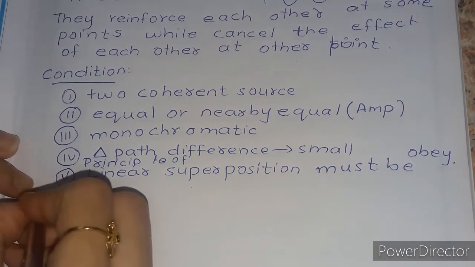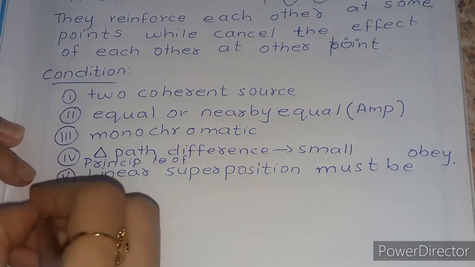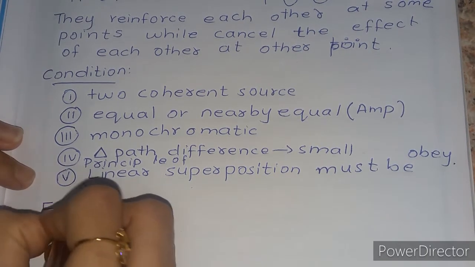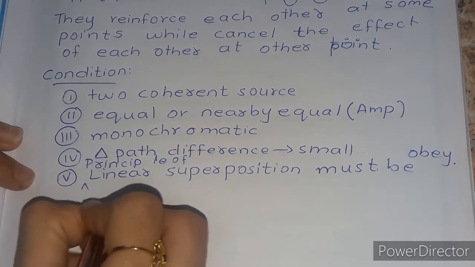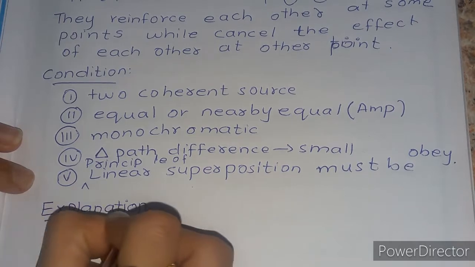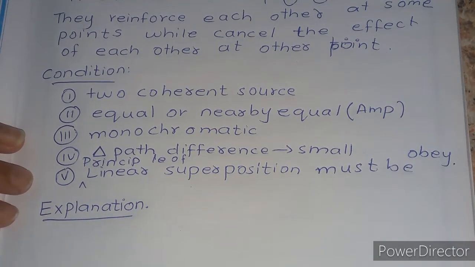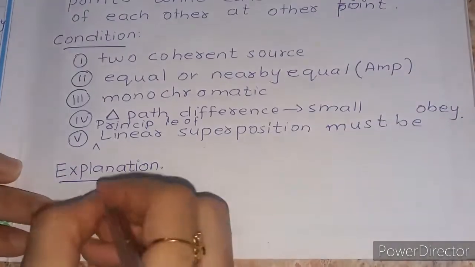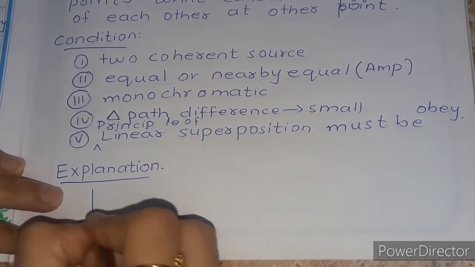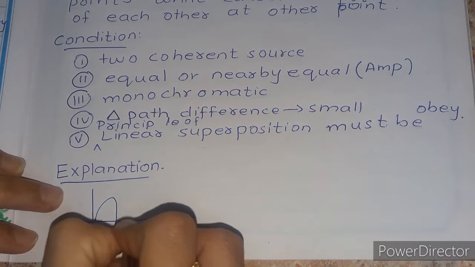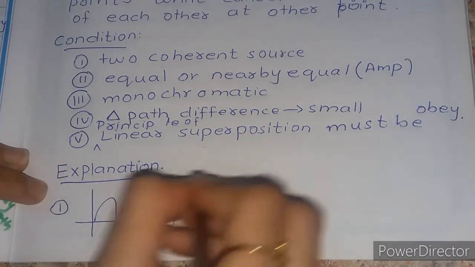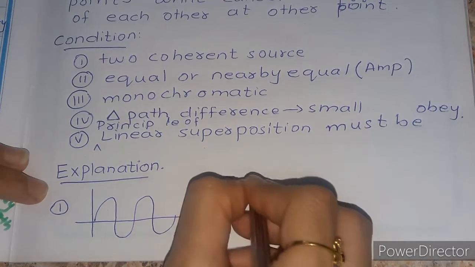Now we will discuss the constructive and destructive interference of light. From here the explanation starts. If we take the first wave like this, this is wave number 1 and this is the second wave.